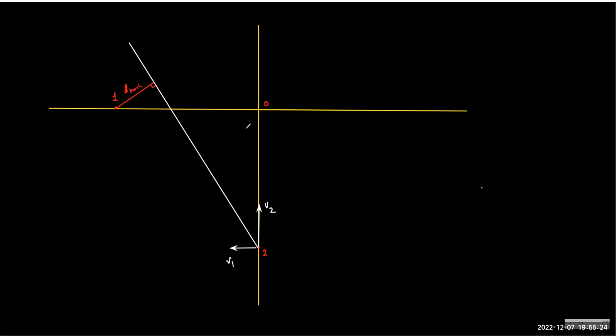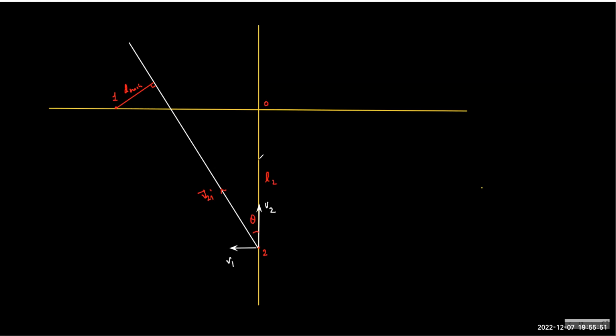Because one is at rest, one will do nothing, so only two is moving. As one will feel that two is going in this path, this is your v21. So it will go like this. So the minimum separation is this one. If I call this theta, we know this is L2.